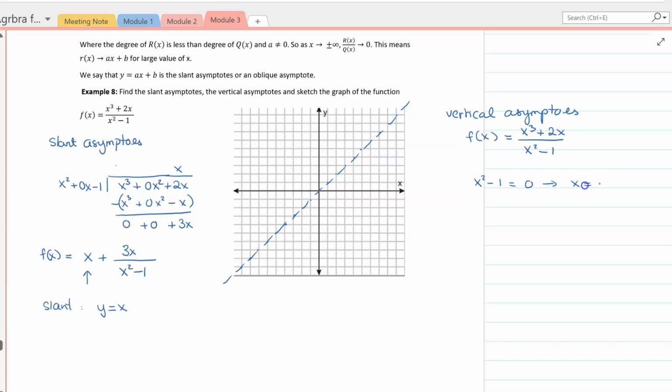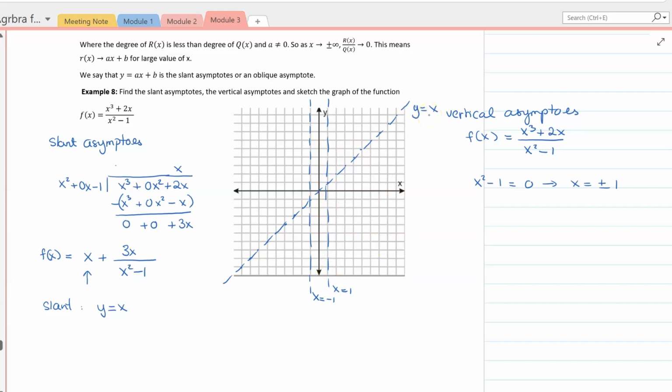So then x equals plus or minus 1. That is our vertical asymptote. So I go ahead and put this into our graph. So x equals negative 1, x equals 1, and here is y equals x.